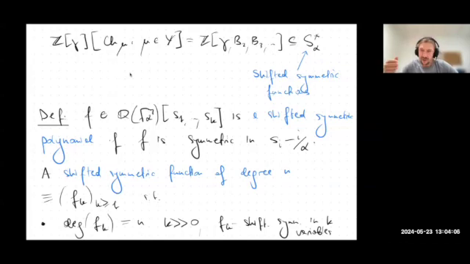And it is very useful because of this vanishing condition. So they have this nice condition that you check that your function vanishes on a certain set, and then you are basically sure that this is the unique function that you want to find.